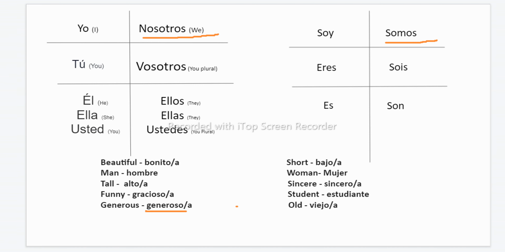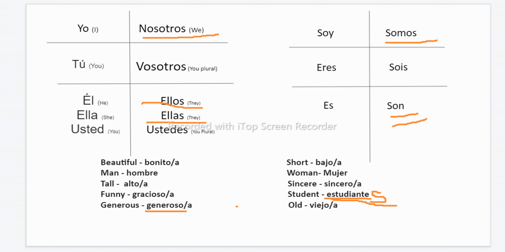Now if you have to say they are students, how would you say? Ellos or ellas son, for example, ellos son estudiantes.